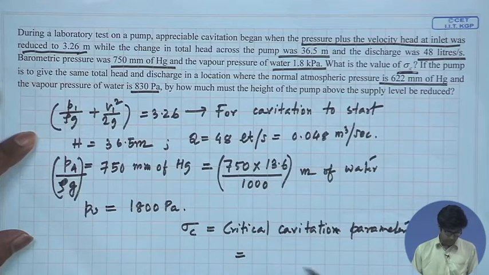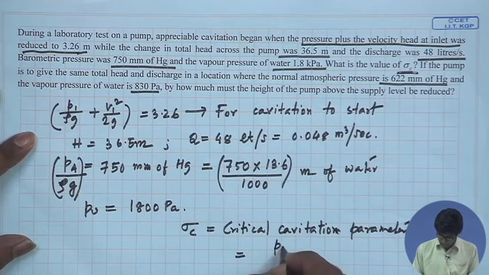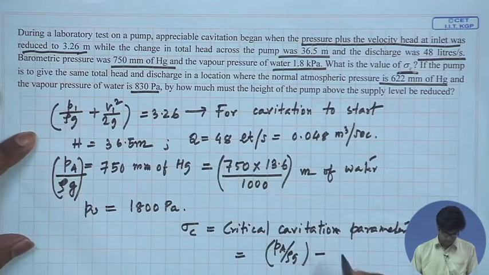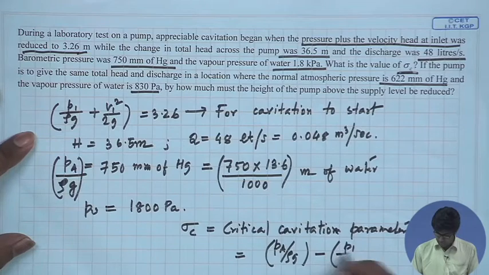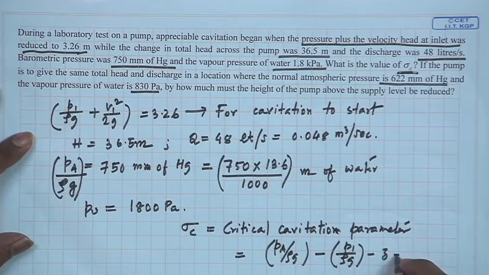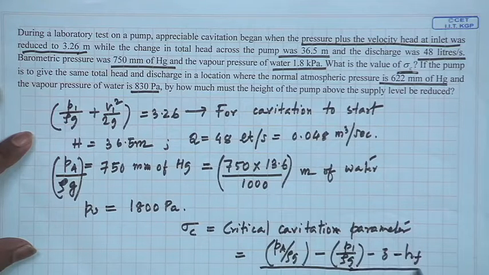And it is given as the pressure head at the reservoir water surface, that is the atmospheric pressure head, minus the pressure head at the impeller inlet, minus the elevation between the impeller inlet and the reservoir, minus the head loss due to friction in the pipe connecting the reservoir and the impeller inlet, that is Hf, the frictional head loss, and divided by total head.